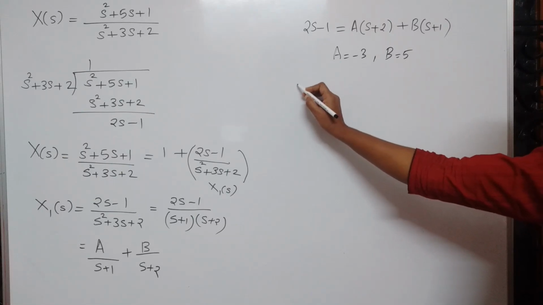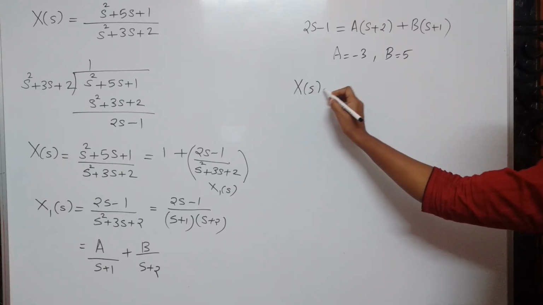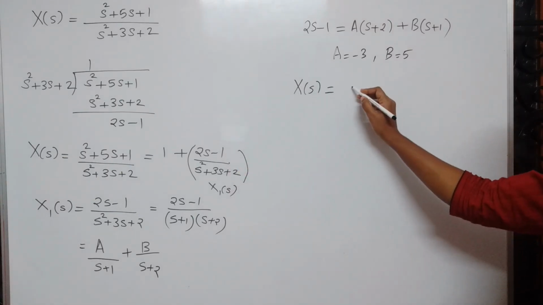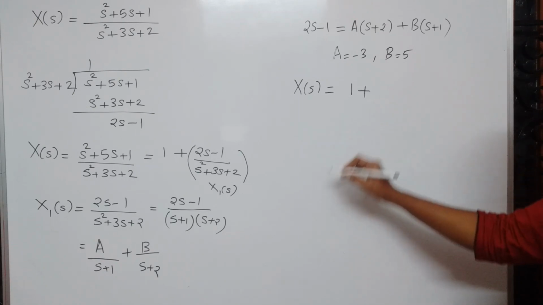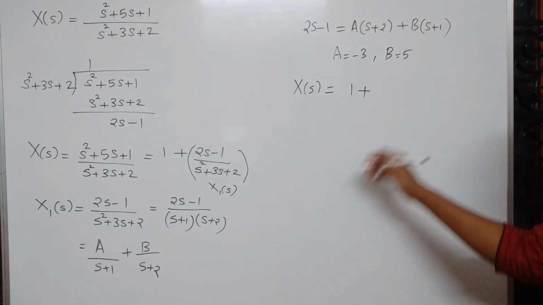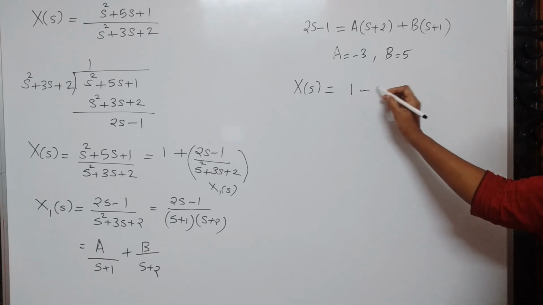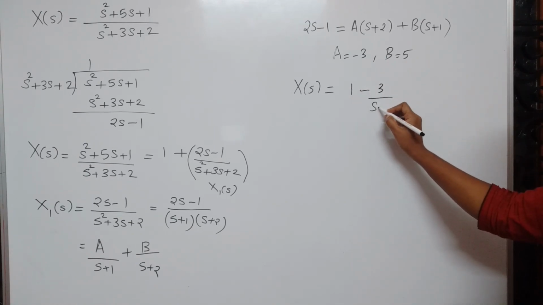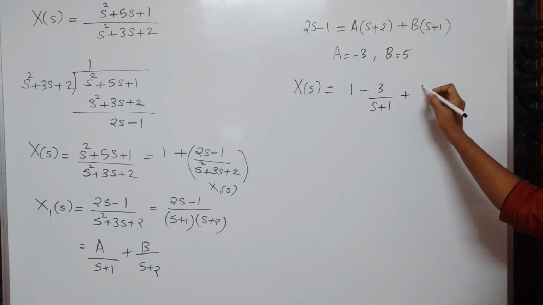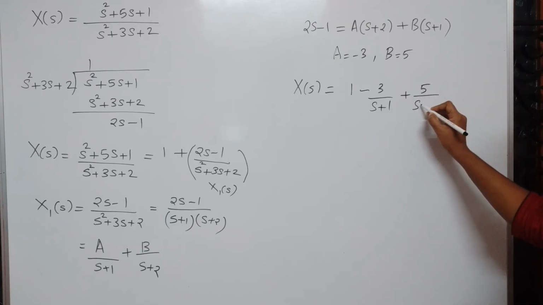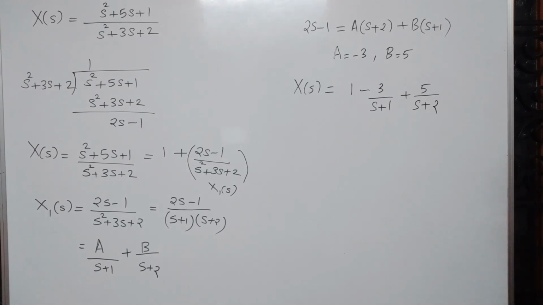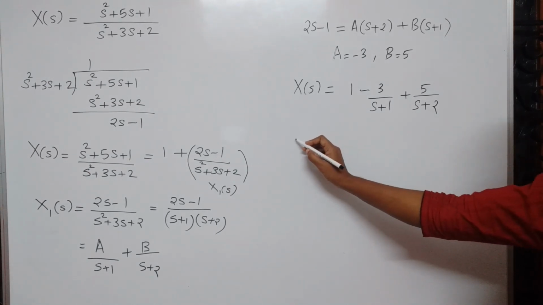So we can write x of s equal to, the 1 was there, 1 plus x1 of s is a by s plus 1. A is minus 3. So minus 3 by s plus 1. B is 5. 5 by s plus 2. Now this is in standard form.